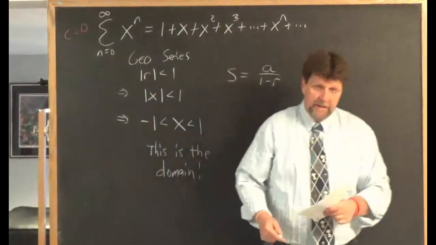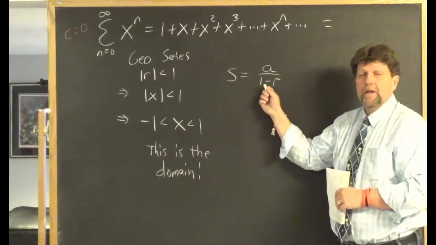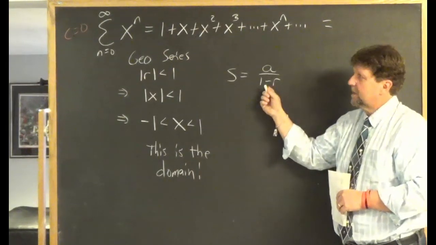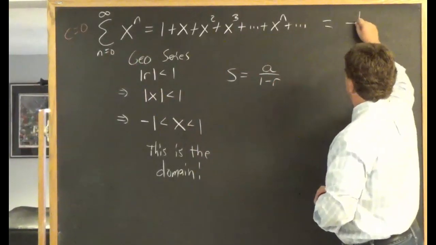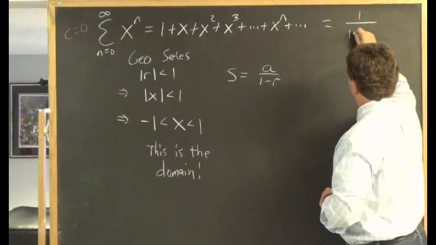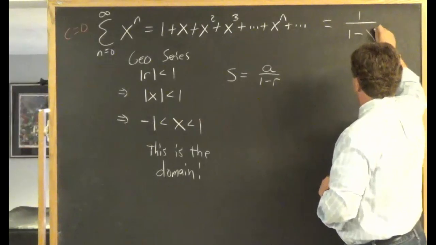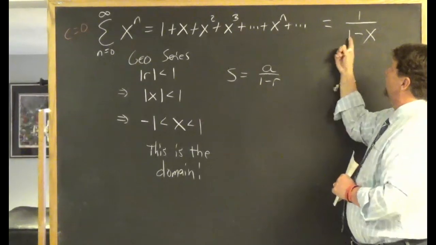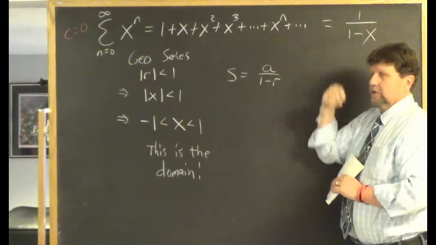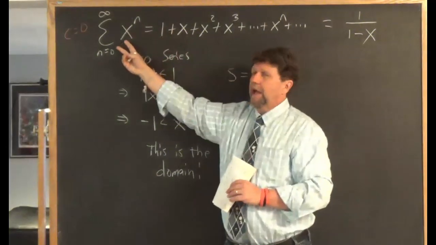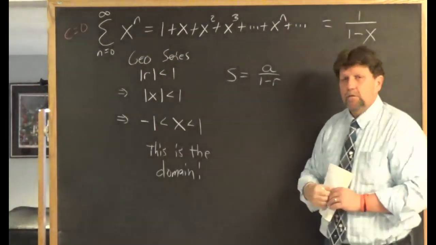And you know this series sums, thanks to knowing this formula for the sum of a geometric series. Well, a is 1. 1 minus r, and r is x. This function, 1 over 1 minus x, is equal to this power series, as long as you're on the interval -1 to 1.